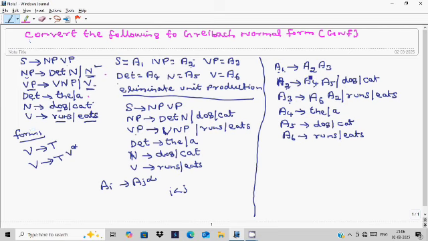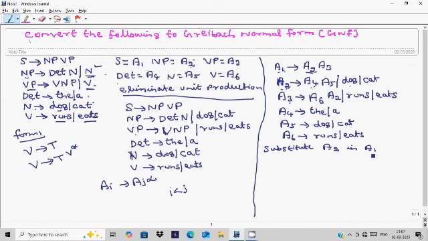When we take up A2, you see whether A2 has any replacement here. A2 cannot be replaced by any terminal here. But A2 can be replaced by A4, A5. So A2 has productions here: A4 A5, dog and cat. So what you have to do is we will substitute A2 in A1.